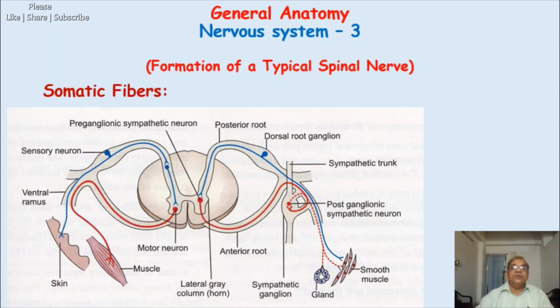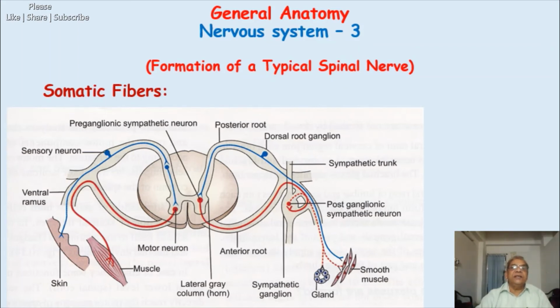These motor neurons are located in the lateral horn of the gray column, or the spinal gray. This is a very small lateral horn, and it is only seen in the spinal cord in the region from thoracic 1 to L2. L2 means lumbar 2. These are the sympathetic neurons.